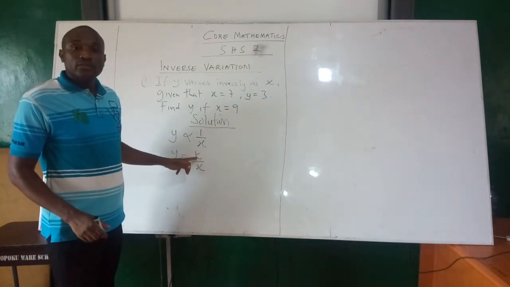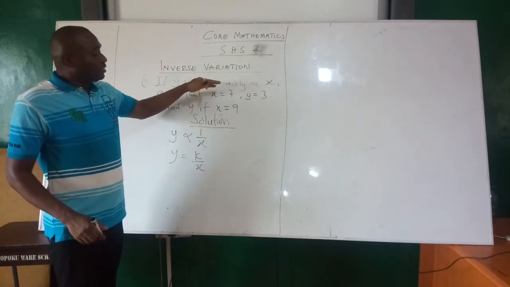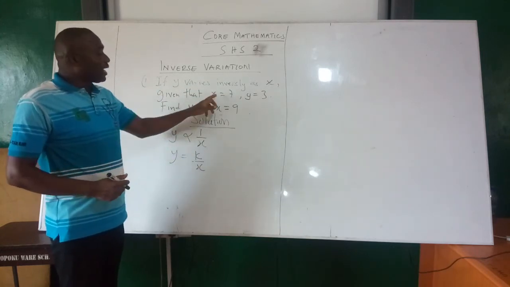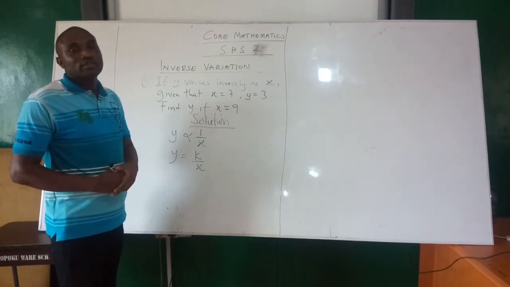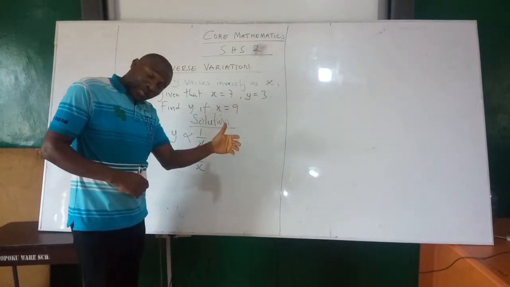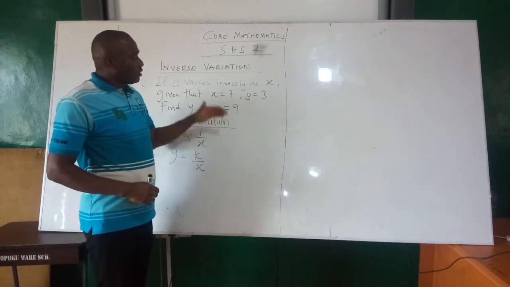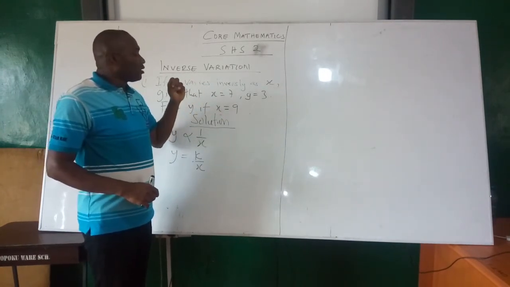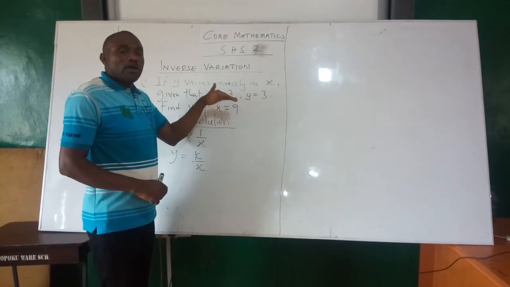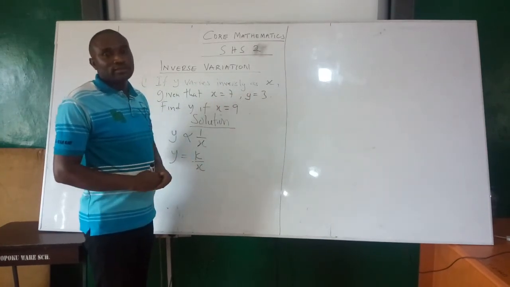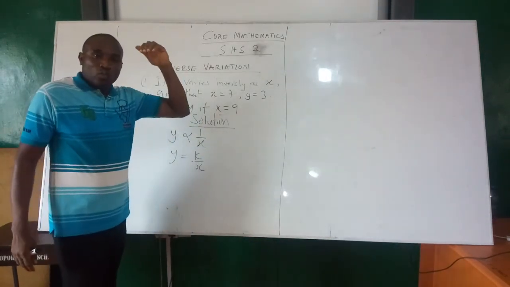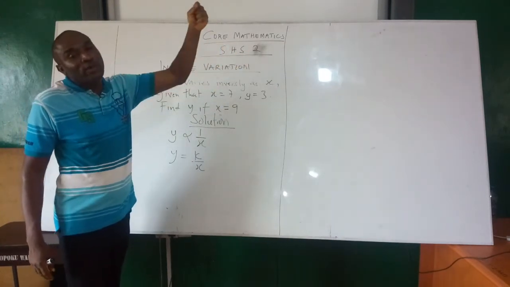To find k, step 3 tells us to go back and look into the question given to you and pick out the information you need. Over here, you realize that from direct variation, the first values of the two quantities are what is used to find k. If it was in the table, you'll pick one value of the x and its corresponding value of the y.